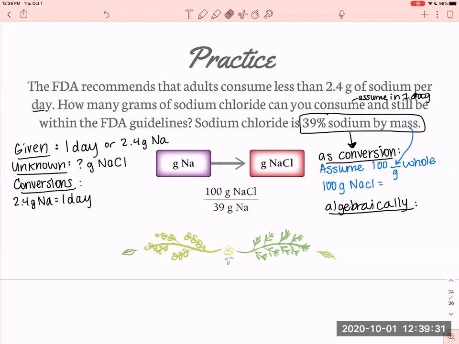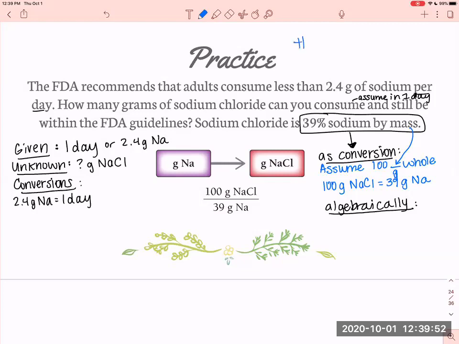Now, how many grams of sodium would that be? It's going to be some number of grams of sodium. Well, if we have 100, what's 39% of 100? 39% of 100 is 39. So that's why I'm assuming 100 of my whole, because now I'm just taking the number.